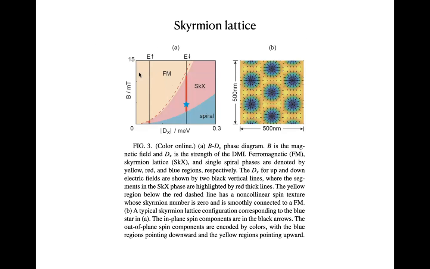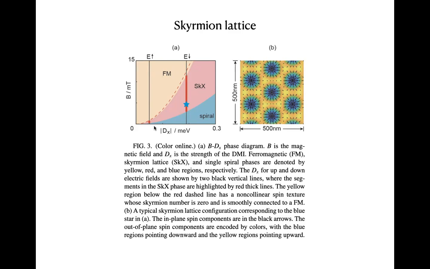This is the phase diagram with magnetic field, for different Moriya vector magnitudes, that is, different strengths of the interactions. For electric field up, the physical system evolves along this solid line, where there is a rather narrow region of magnetic skyrmion generation, mostly ferromagnetism with all spins oriented in the same direction, and a very narrow region of spin spirals.